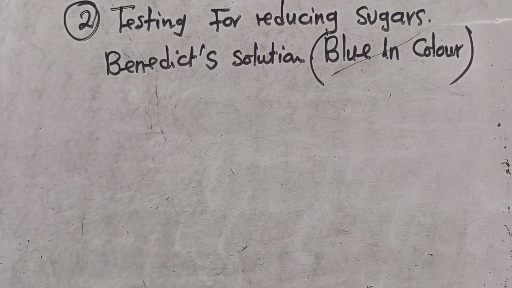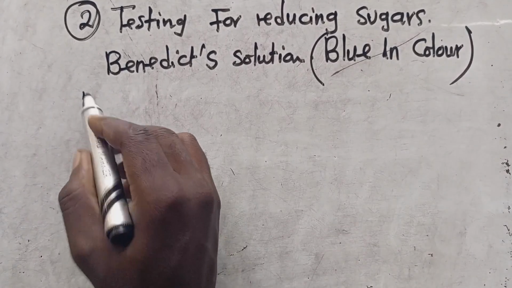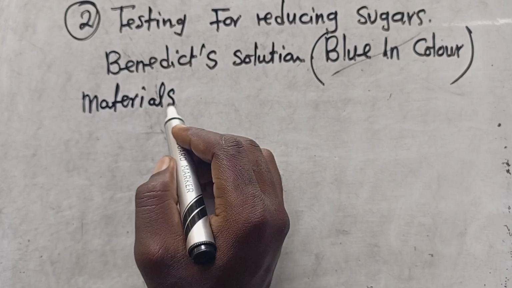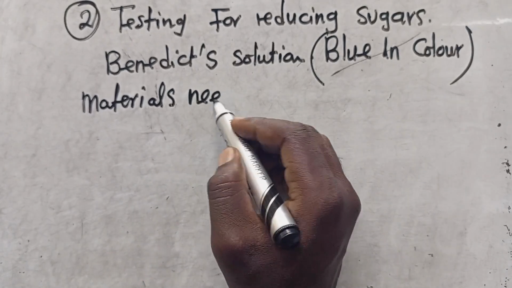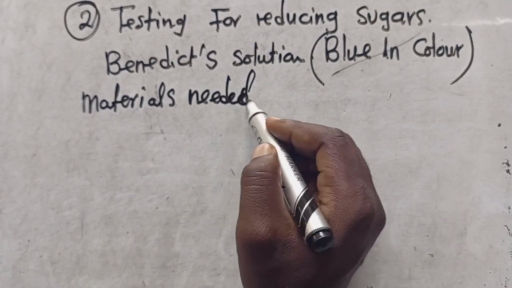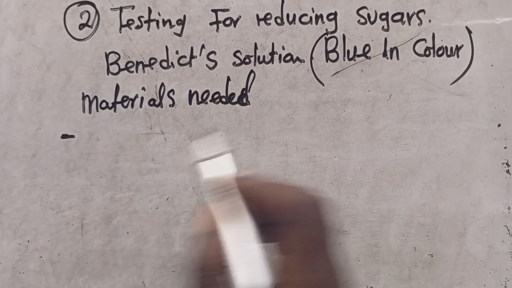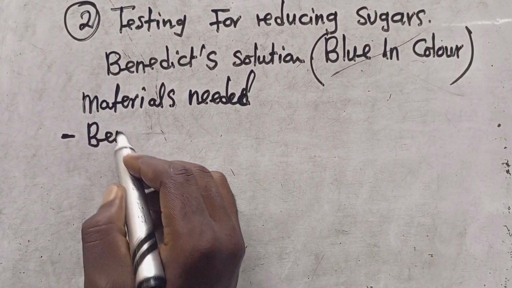So what are the materials that you need to carry with you? These materials needed are, I guess you're writing down these things, I'm just summarizing this so that you try to understand. You need to have the Benedict's solution itself.